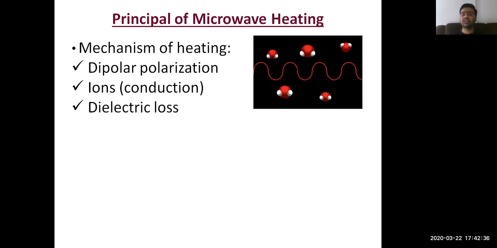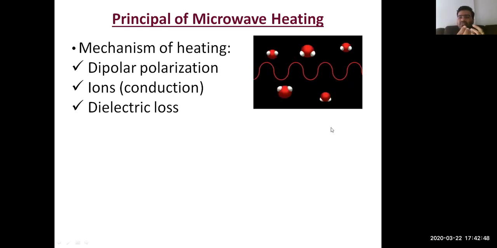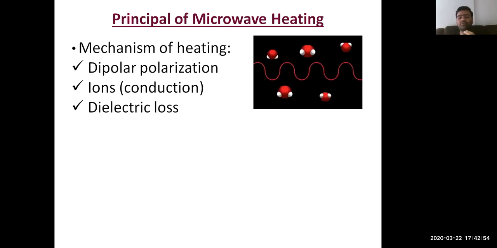That is in case your medium consists of polar molecules, that is, not consisting of ions. What happens if your medium consists of ions? If your medium has ions, then these ions by themselves will start migrating under the influence of an electrical field. That's the most characteristic type of interaction that you will see between ions and electromagnetic radiation.